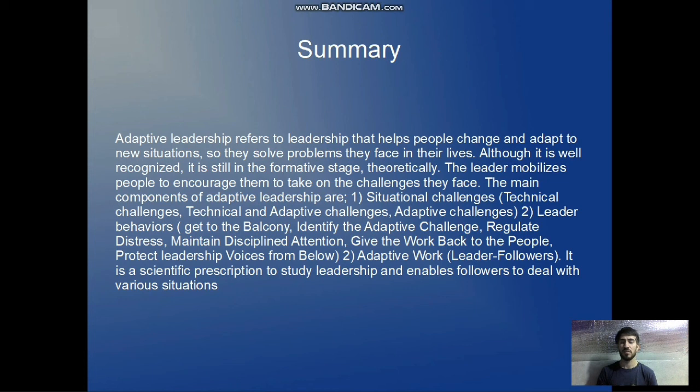The leader behavior includes getting on the balcony, identifying adaptive challenges, enabling followers and being the voice of their followers, and maintaining disciplined attention and giving the work back to them. And the adaptive work is the interaction between the leaders and followers.